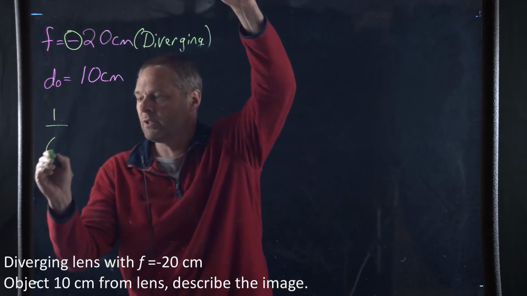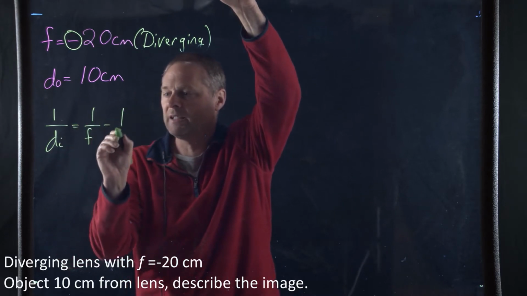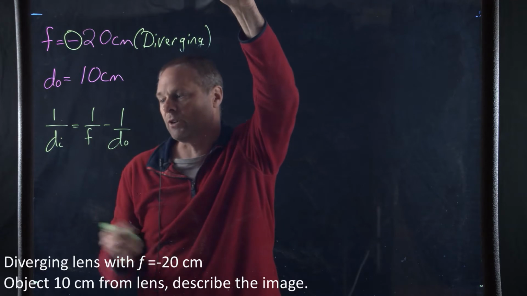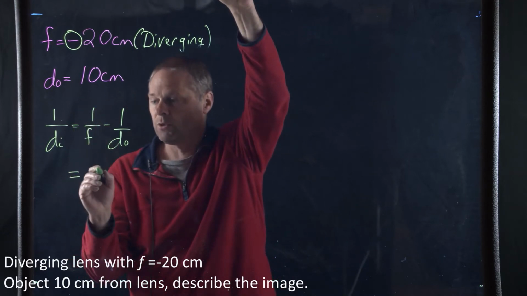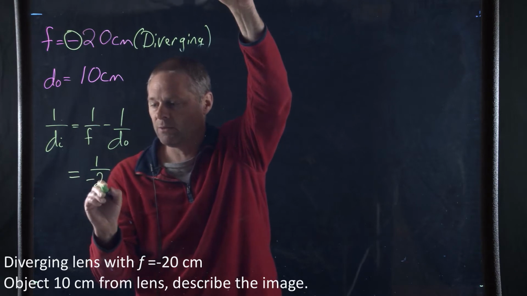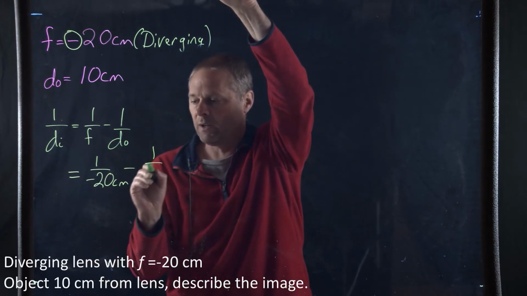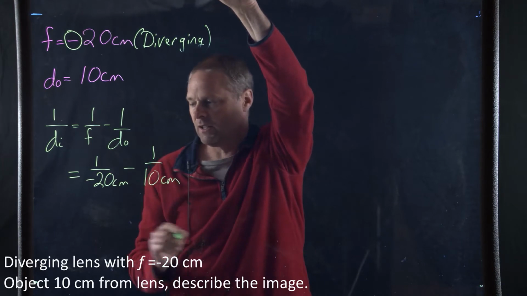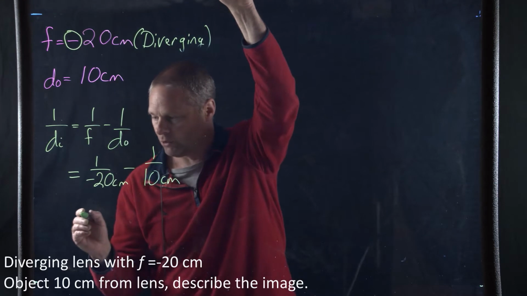All right. So let's describe the image for this. The inverse of the distance of the image is going to be the inverse of the focal length minus the inverse of the distance of the object. So let's plug our values in. This is equal to 1 upon a negative 20 centimeters minus 1 upon 10 centimeters. The common denominator in this is going to be 20.